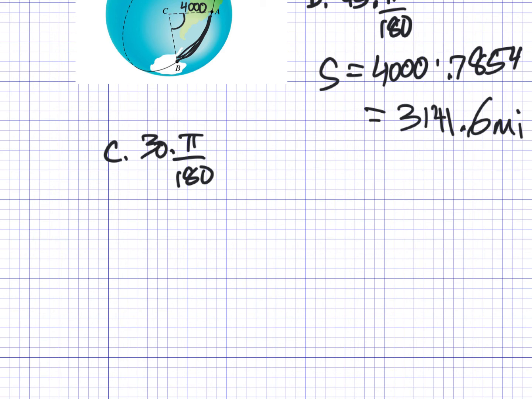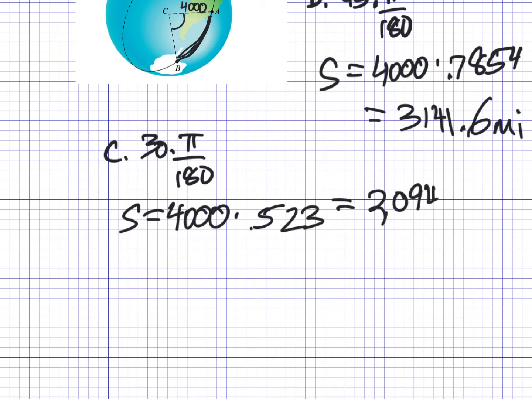Again, the arc length is 4,000, the radius, times 0.523 something. Leave it as a long number on your calculator, times 4,000. And that's going to be equal to 2,094.4 miles. Okay, 2,094 miles.